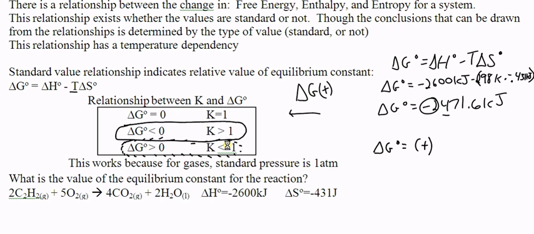And if it just so happens that standard free energy works out to be 0, then we can presume that K is 1. But that's not what we had this time. This time we had a very negative answer, which means we're going to have a very positive K value, a K value that's way greater than 1.